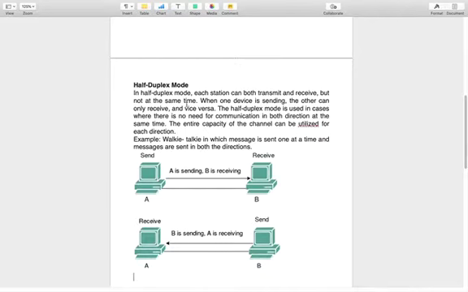So simultaneously they cannot do their task. When one device is sending, the other can only receive and vice versa.